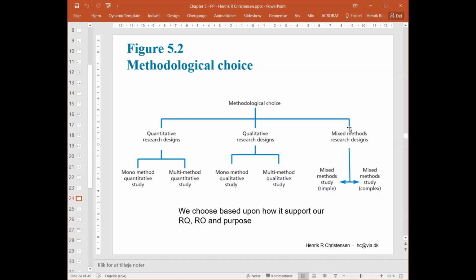So when we choose, as it says here at the bottom, we choose based upon how it supports our research question, our research objectives, and the purpose.